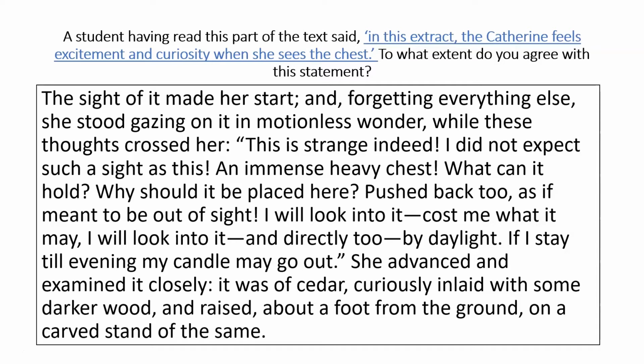Pushed back too, as if meant to be out of sight. I will look into it. Cost me what it may, I will look into it, and directly too, by daylight. If I stay till evening, my candle may go out, she says. She advanced and examined it closely. It was made out of cedar, curiously inlaid with some darker wood.